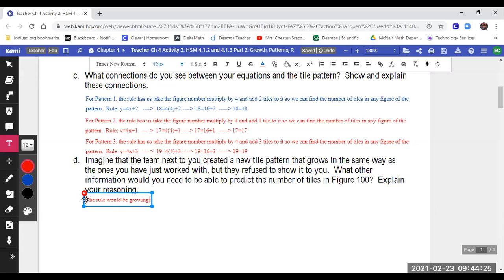Okay, the rule would be growing the same. That's what they said. So it starts as y equals what? What's the beginning of the rule that's growing the same way? Look at the other 3 rules that we just got done doing.